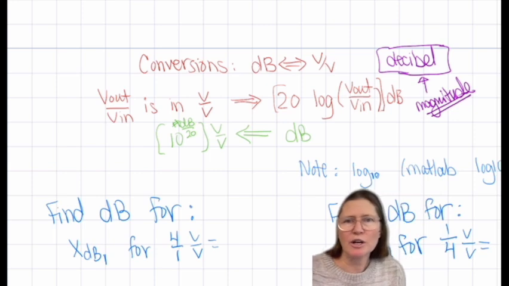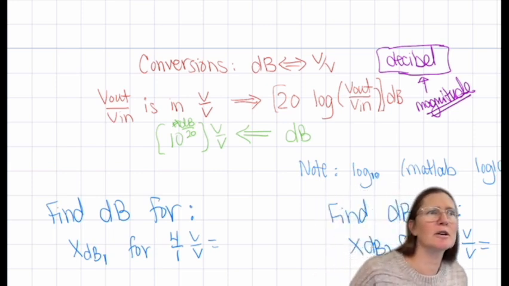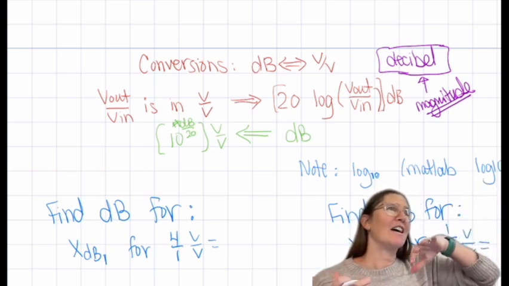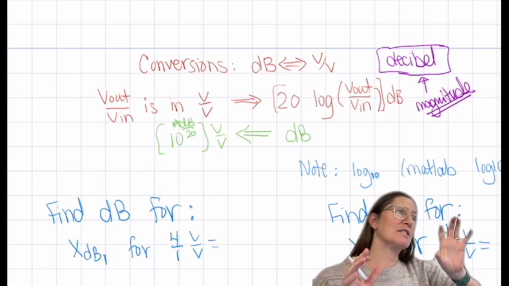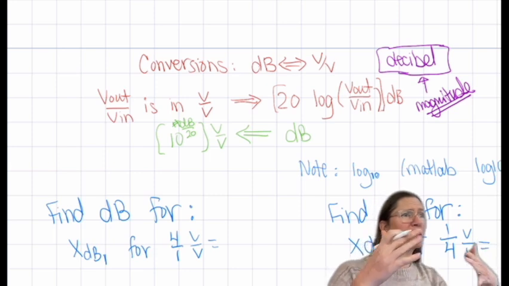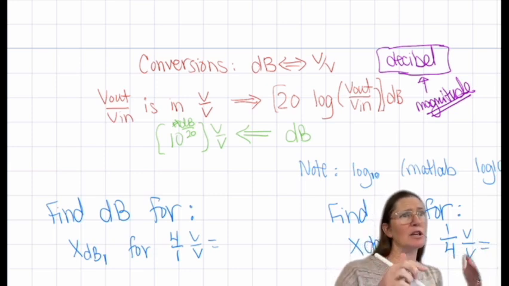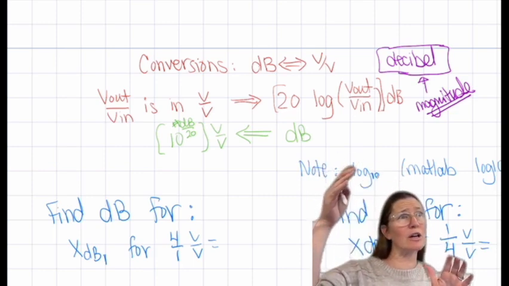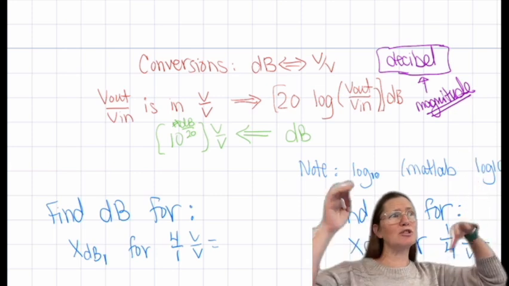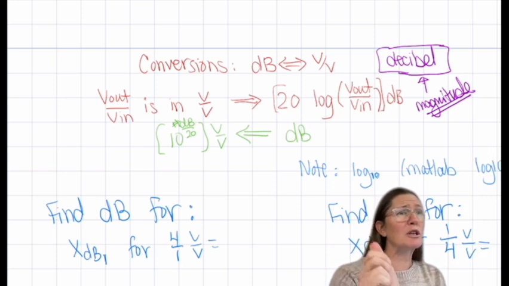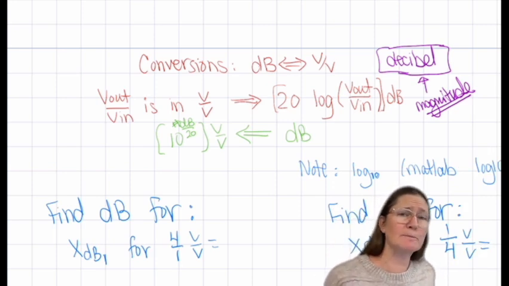It helps when things are really big numbers. When we graph it, you'll see that we can do things in dB and see the trend, or the characteristic, of what's going on without having these really big jumps in numbers. So it gives us more information when we're looking at the graphs themselves.